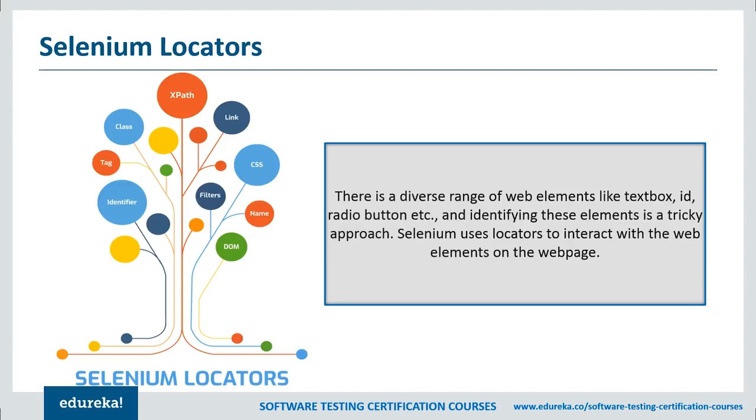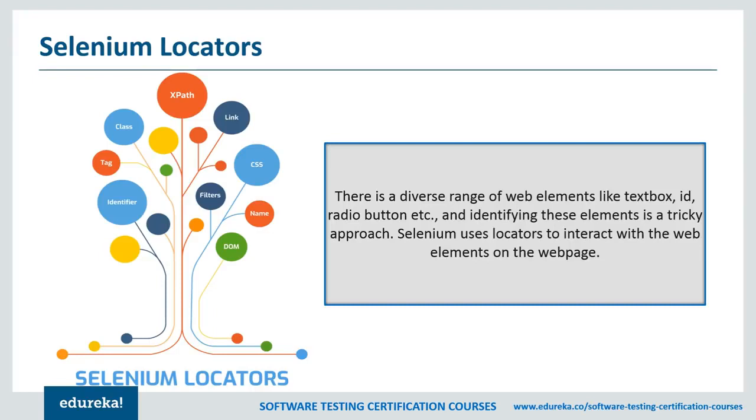They are the HTML properties of the web element which tell Selenium about the web element it needs to perform the action on. Selenium uses locators to interact with the web element on the web page. They are considered the lifeblood of the tests. Using the right locator ensures that the tests are faster, more reliable, and have lower maintenance over releases.